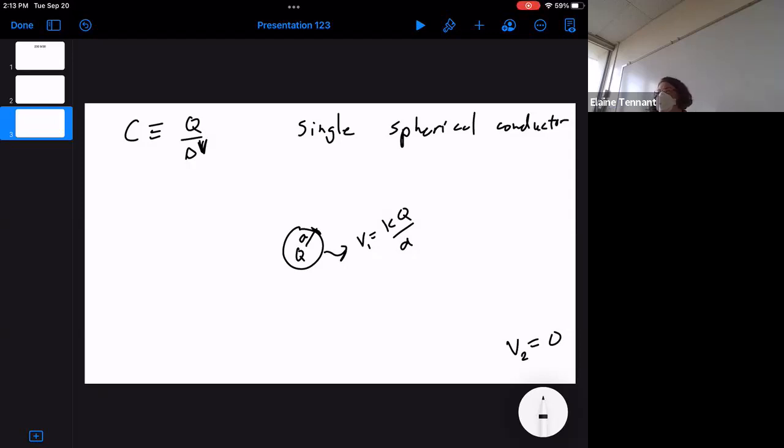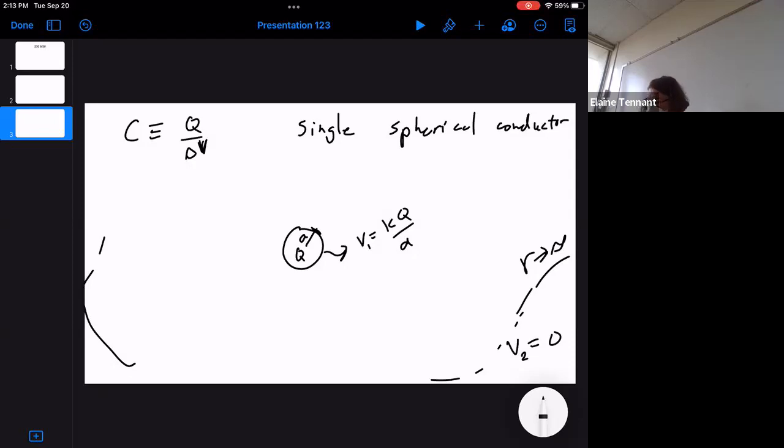Where should I look? Should I look close to my metal ball or far away from it? Away, yes, very far away, right? Because this potential is going to fall off as KQ over R, and only when R goes to infinity, so only when this surface out here is at infinity, will we have this 0 voltage.